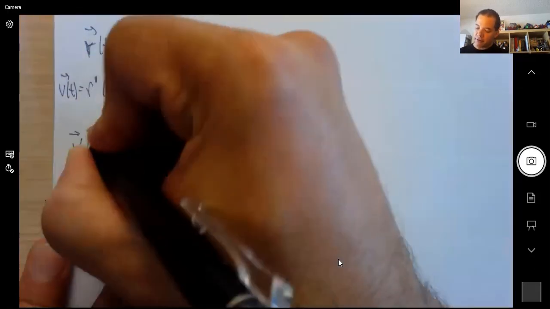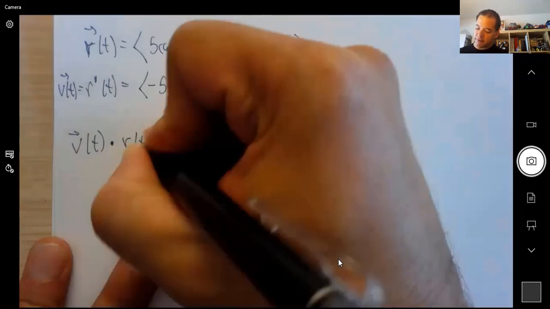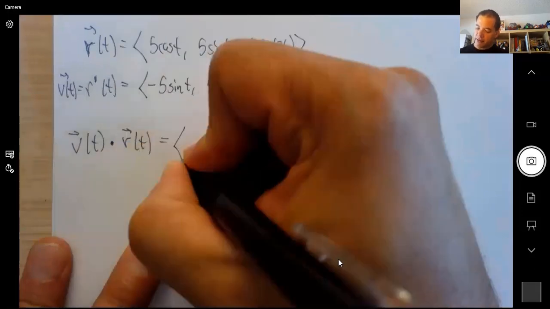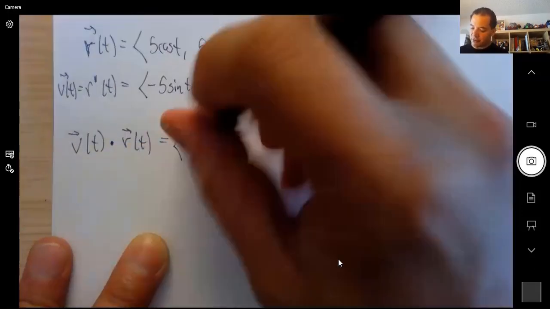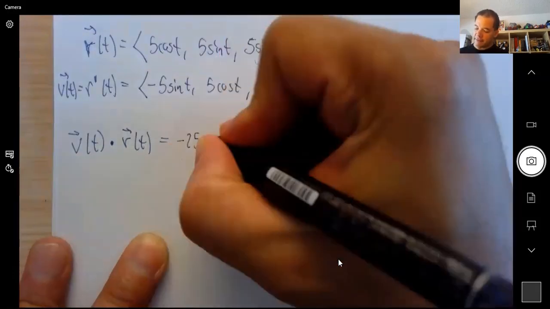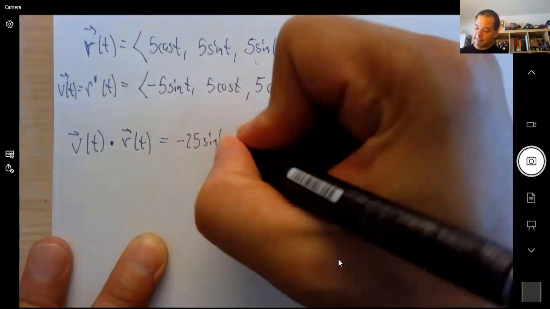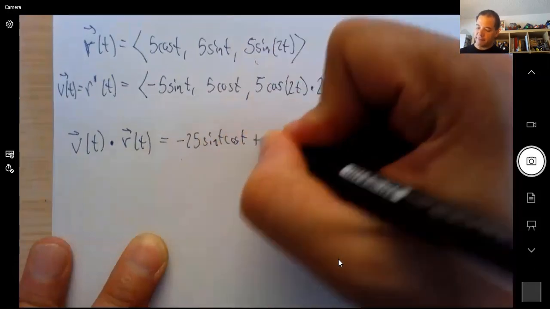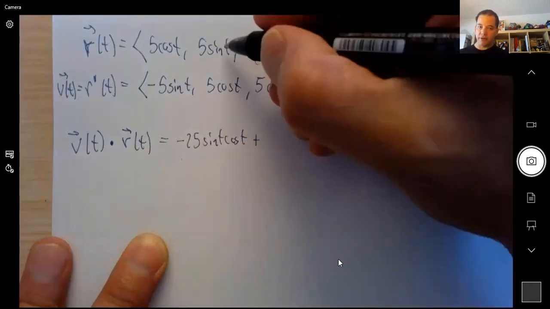What is the velocity dot product with the original vector function? It's not a vector, it's a dot product. So it's this times that. That's negative 25 sine t cosine t, plus this times that, the y components multiplied with each other.